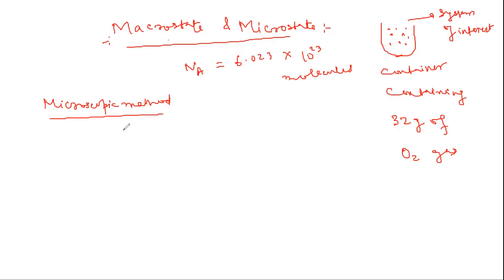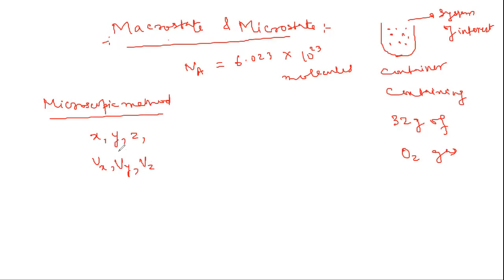Since we are assuming these molecules are moving freely, for each molecule you have to specify 3 positions because it is moving in space, and 3 velocities, Vx, Vy, and Vz.